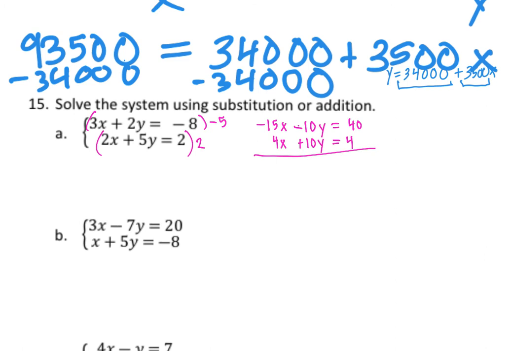Now my y's are the same value but opposite signs, so I can add the two equations together. Negative 15x plus 4x is negative 11x. The y's do cancel out, so we have equals 44. Then we're going to divide both sides by negative 11 to solve for my remaining variable.